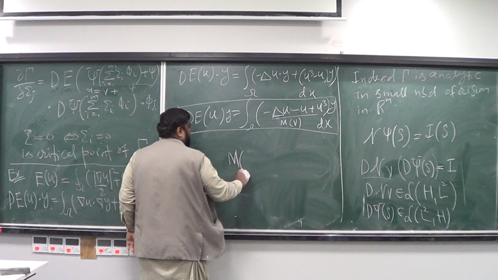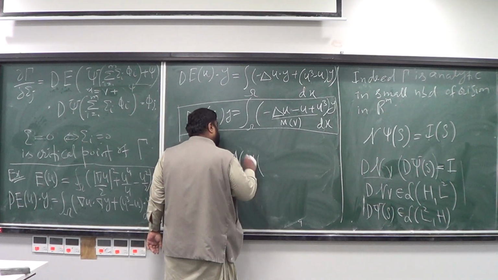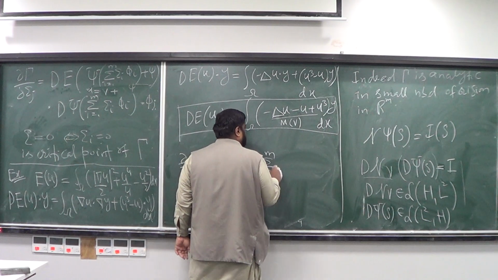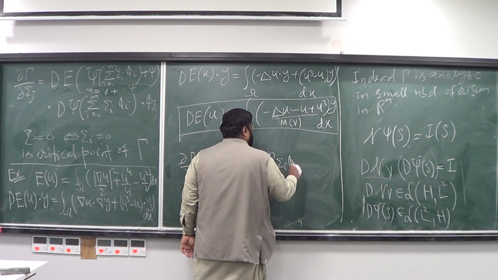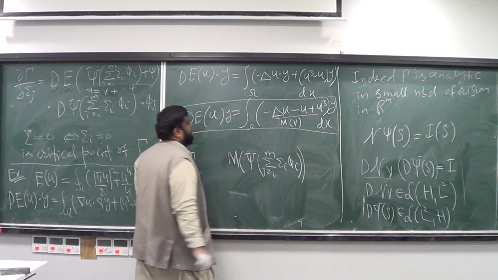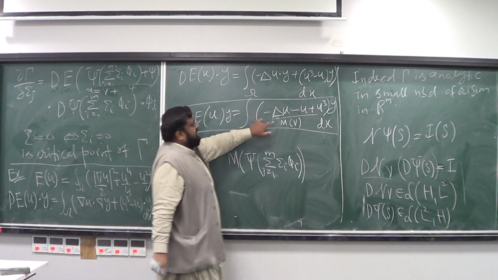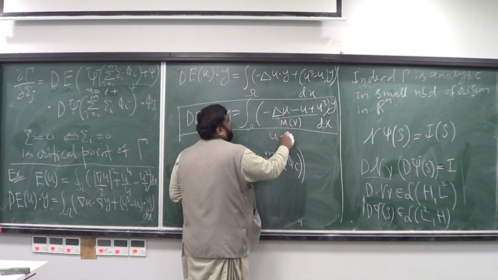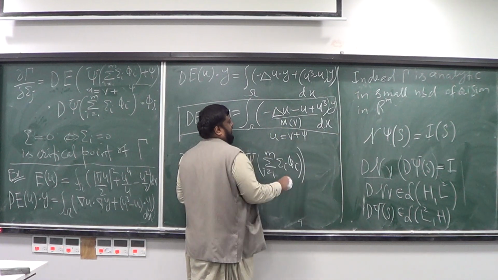So this is going to be m of psi of the sum from i equal to 1 to m of xi i phi i, because this is equal to m of v, where u is v plus psi.